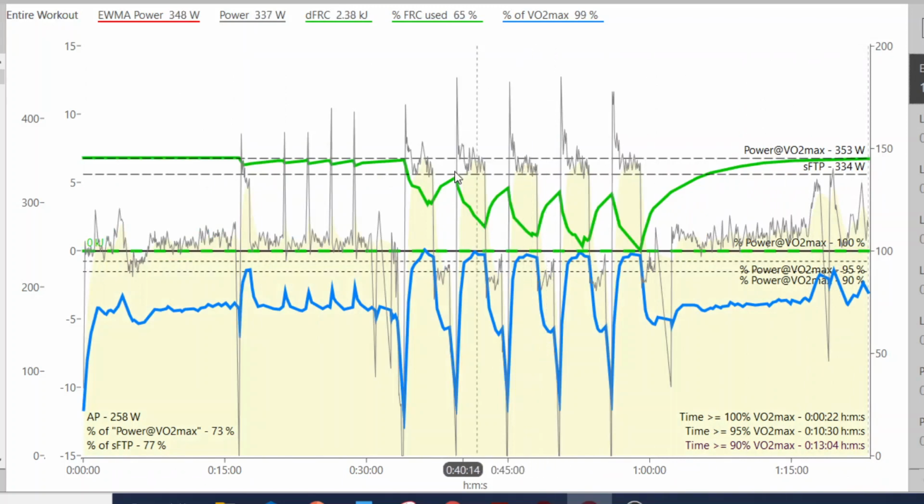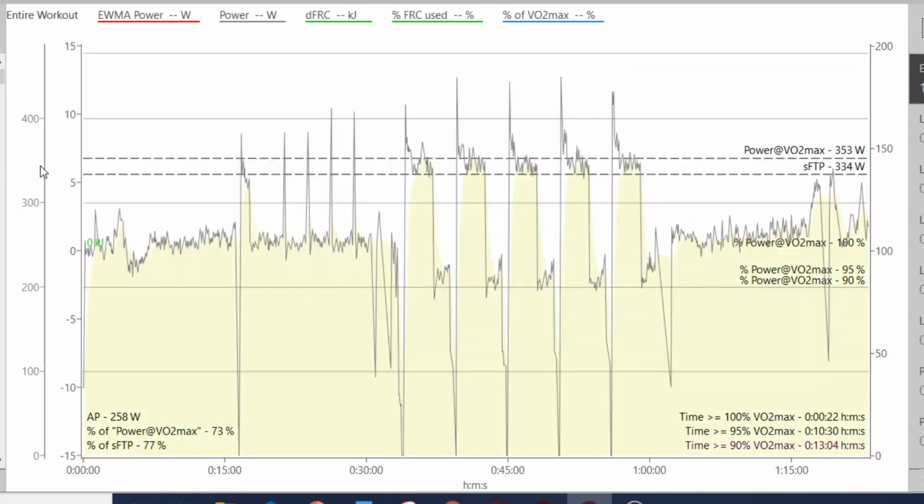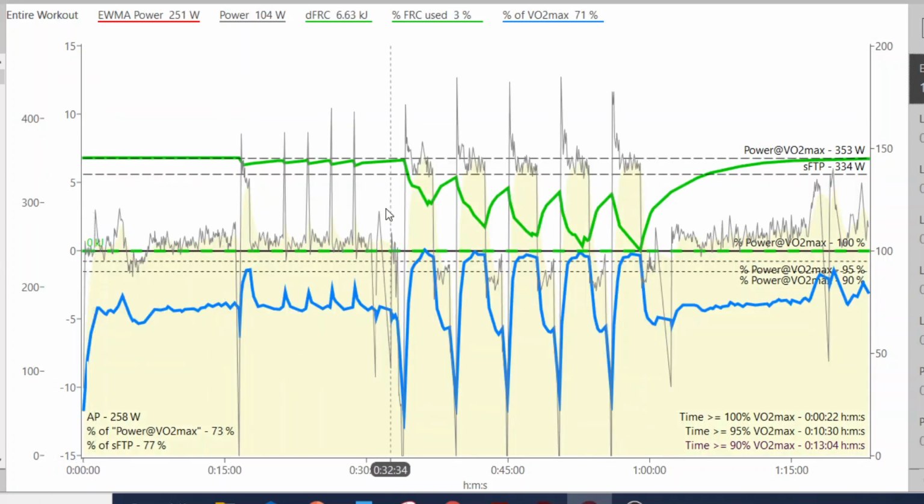And then we go back and look at the power. Once we exceed FTP or critical power, boom, power goes up and FRC starts dropping. In other words, the reserve work capacity, we start dipping into that tank.